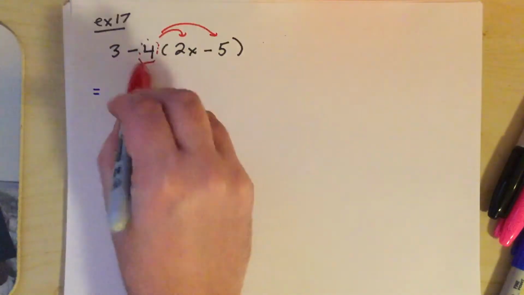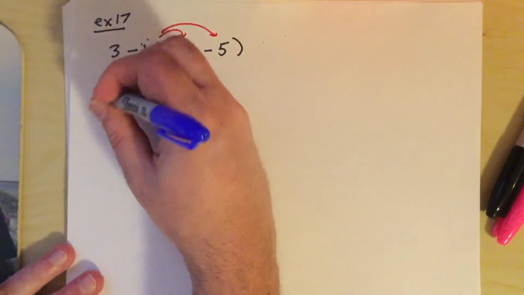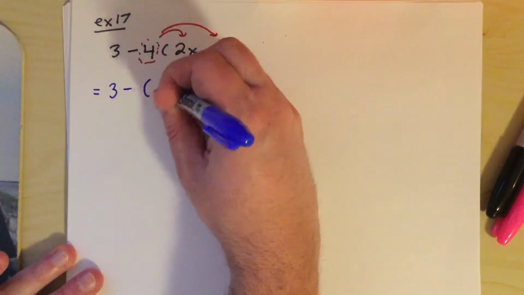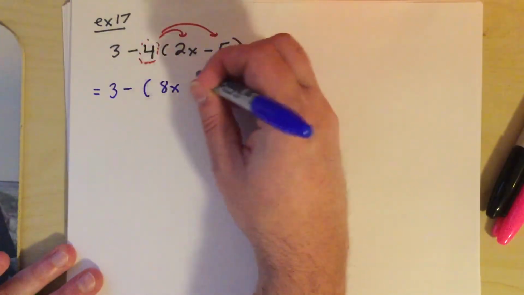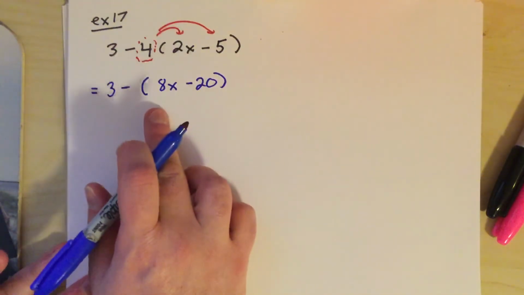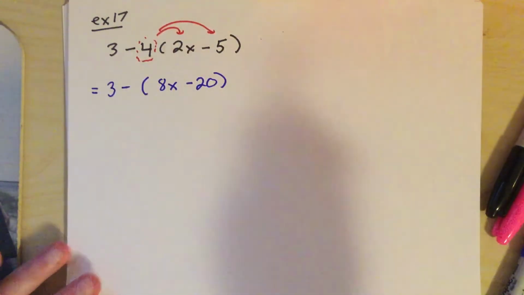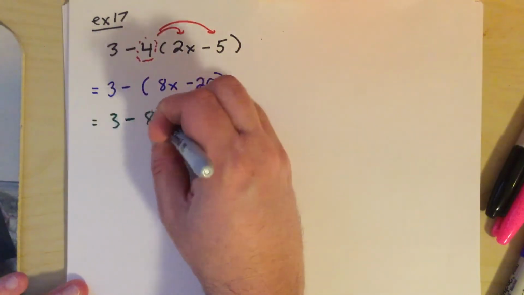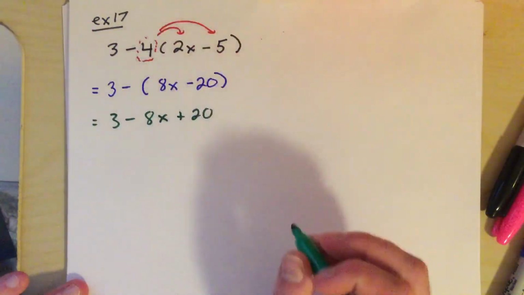So we don't do 3 minus 4 because that's a BEDMAS thing again. So this would be 3 minus 8x, and then 4 times negative 5 is negative 20. Now you have a negative in front of the bracket, so that becomes negative 8x plus 20.